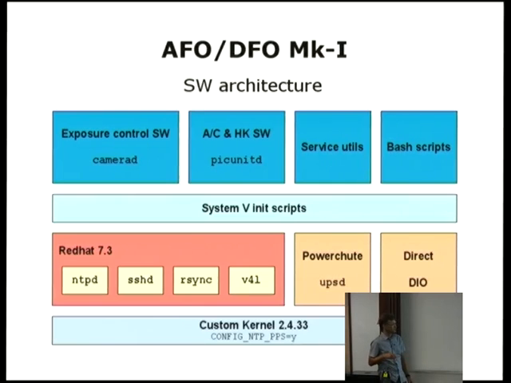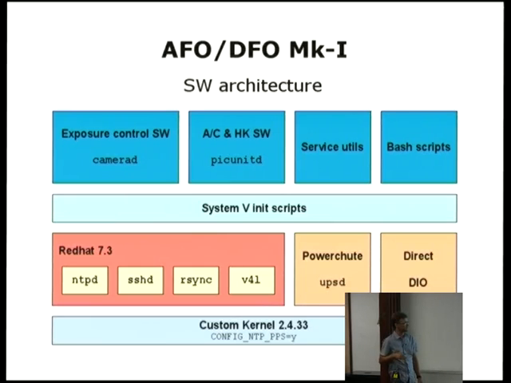Other common technologies are NTP for time, SSH secure shell for connection and for transfer of files, rsync, and the video library is v4l. That's probably stuff you know pretty well.